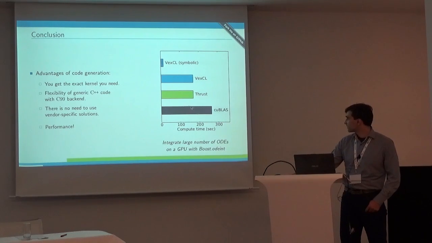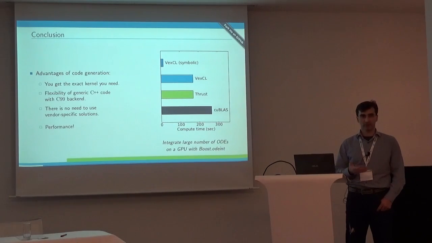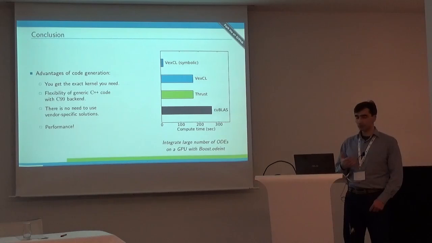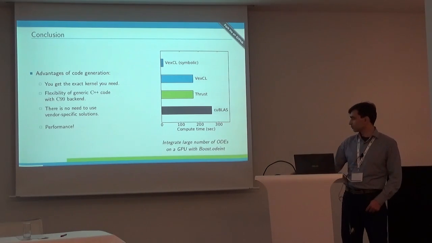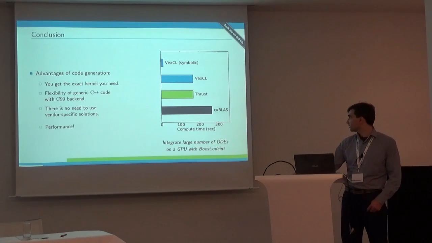So this cuBLAS approach, although cuBLAS is a very highly optimized library, which is provided by a vendor, by CUDA, so the kernels are really as fast as they can be, but just because it uses these intermediate variables that are stored in global memory, it's about 1.5 times slower than either Thrust or VexCL.